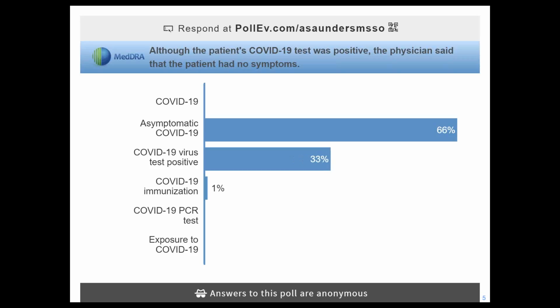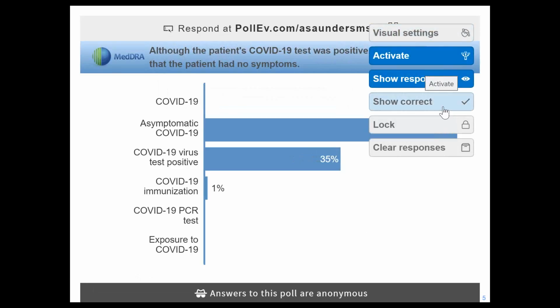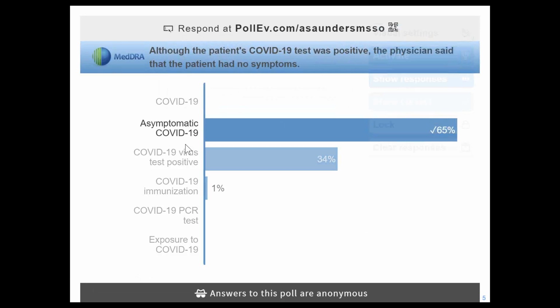Still getting quite a few. All right. So at this point, I'm going to reveal the correct answer. And as you can see, the best response for coding this particular scenario is asymptomatic COVID-19.